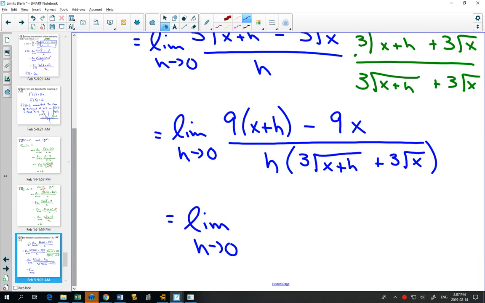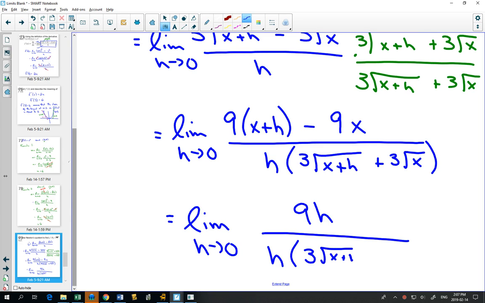Can you see on the top, if you have 9x plus 9h minus 9x, that you'll just be left with 9h in the numerator? And since that h stayed factored out, we can now simplify.